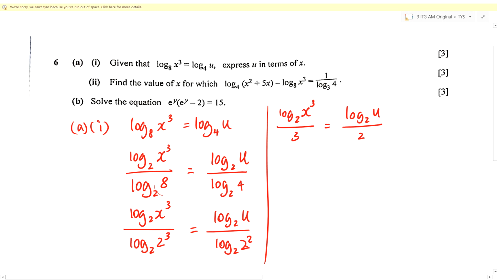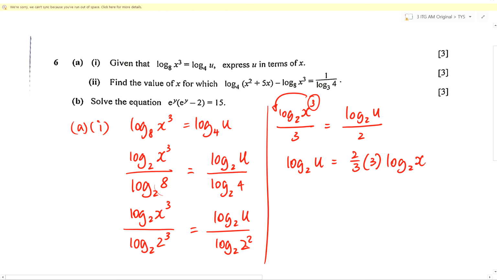They want to express u in terms of x, meaning make u the subject. Okay, so we have log base 2 u equals 2/3 of, bring down the power 3, log base 2 x.